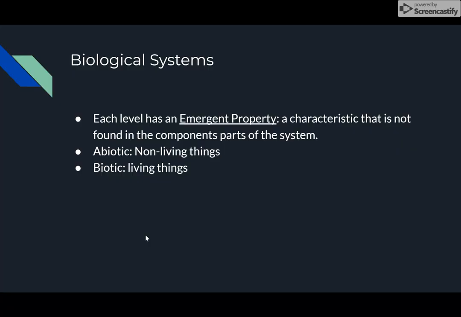So let's talk a little bit about biological systems. To do that, I need to clear up some vocabulary you're going to hear. The first one is the emergent property. An emergent property is a characteristic that is not found at a lower level or in the component parts of a system.